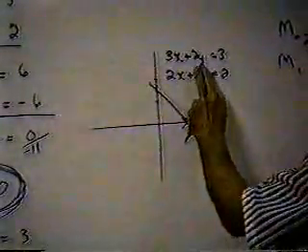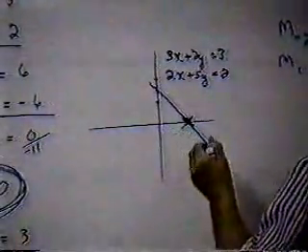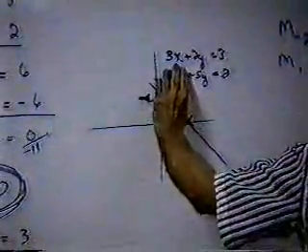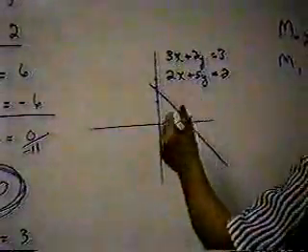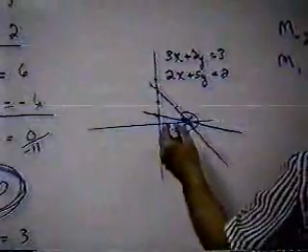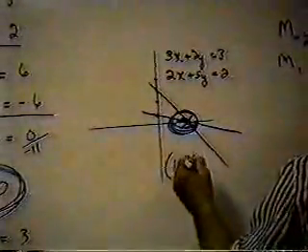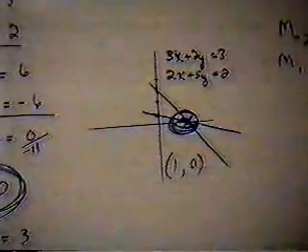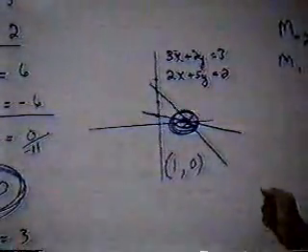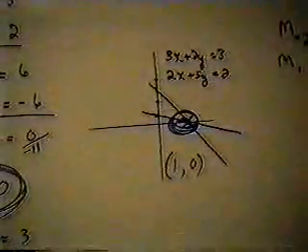If I put my hand over the y, x is 1 again. Hey, that's the same 1 again. And if I put my hand over the x, y is 2/5. And so I get this line. And look what happens. They intersect at the point 1, 0. So we have one solution, which means intersecting lines, which means consistent.